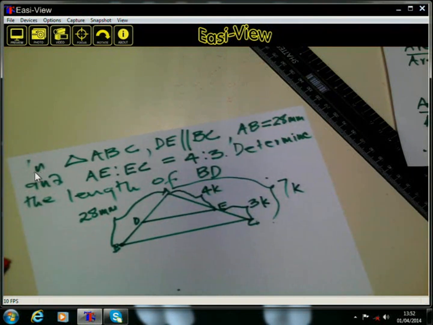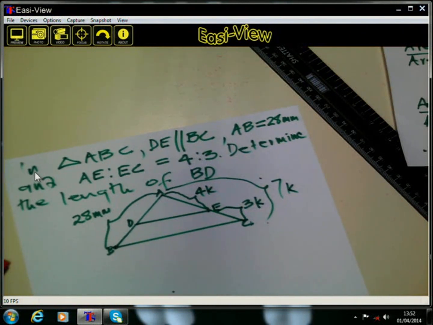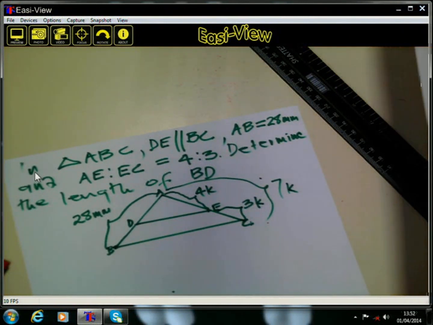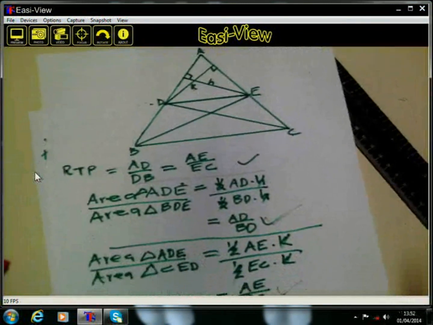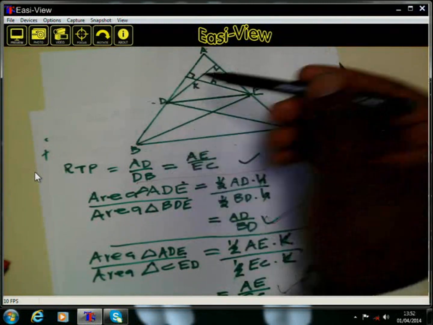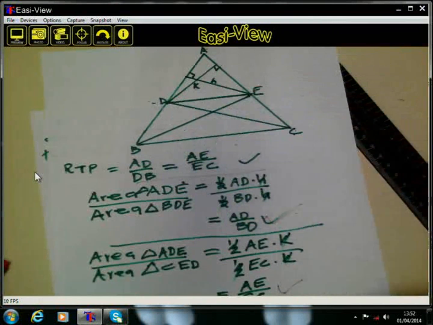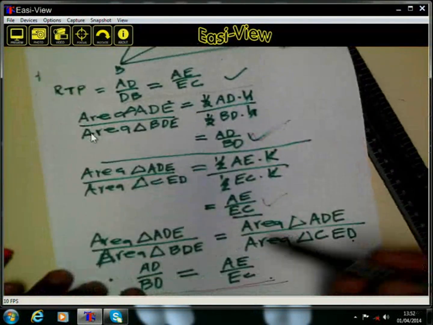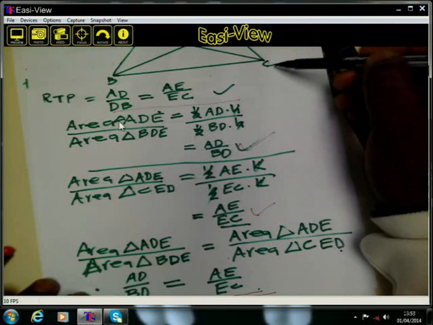Now they say you must determine what? They request you to determine the side. I mean, this is just a direct application of the theorem. Remember, with the theorem, this is what we have come up with: side AD over side BD is equal to side AE over side EC.